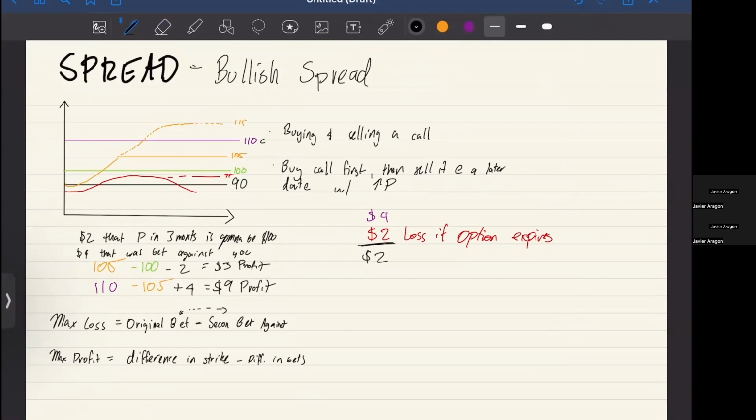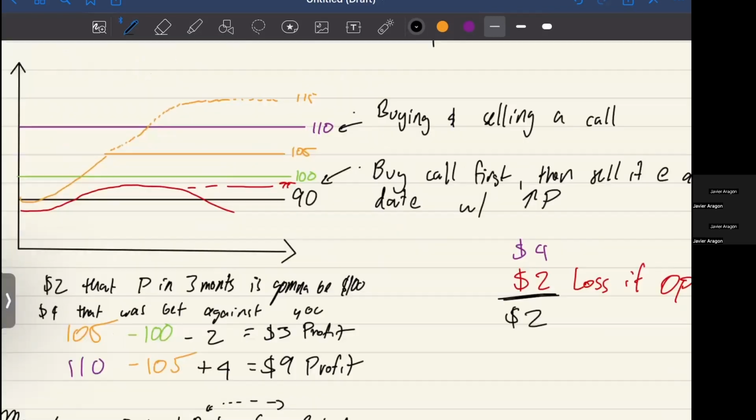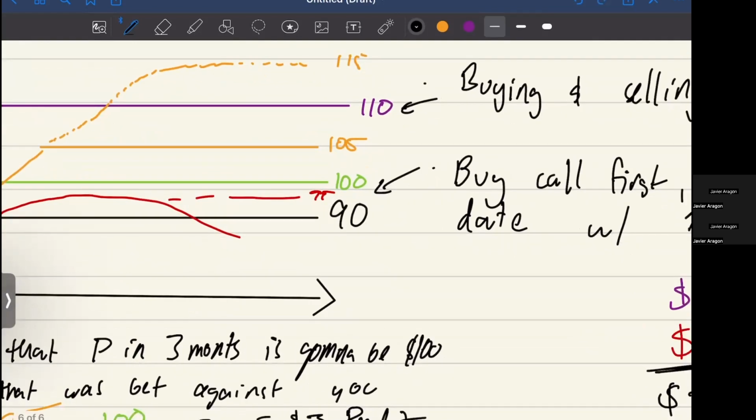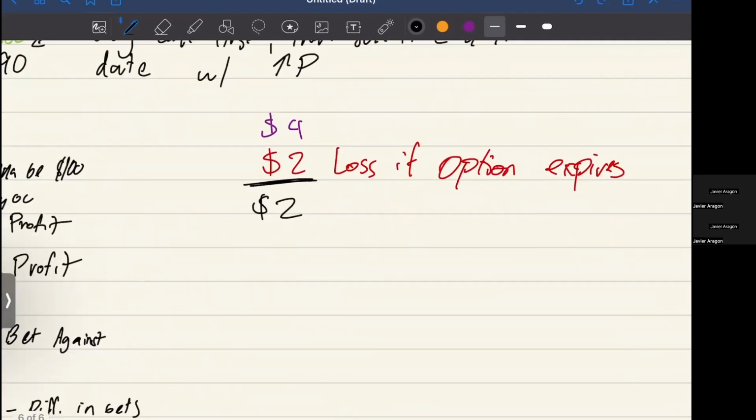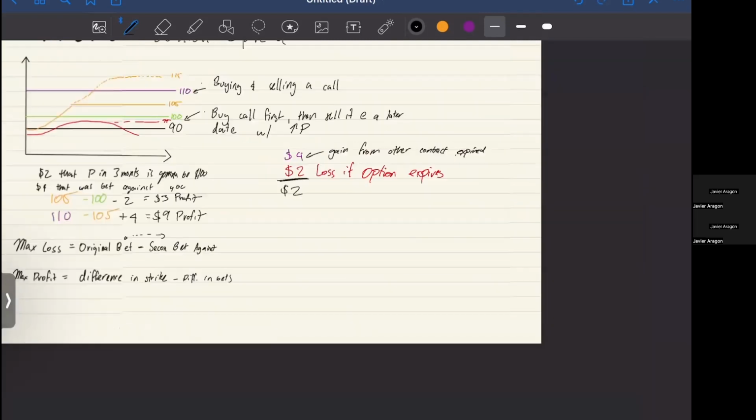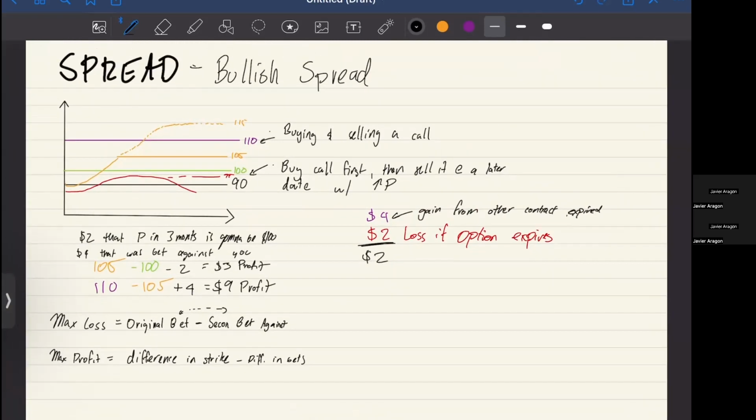As you can see here, the guy you're betting against won't exercise his option if you didn't even exercise your first one. Because if the stock stayed at 95, he's not gonna exercise his option at 110. It just doesn't make sense. So he's gonna let his contract expire, and you're gonna gain from the other contract expiring, and your bet originally was $2. So you're gonna make $2.